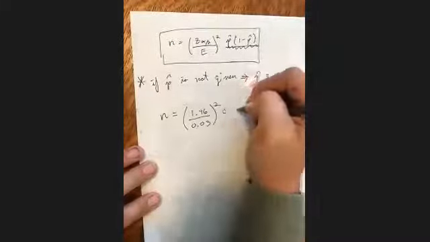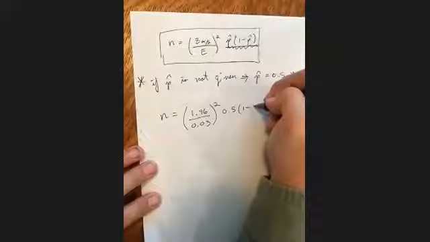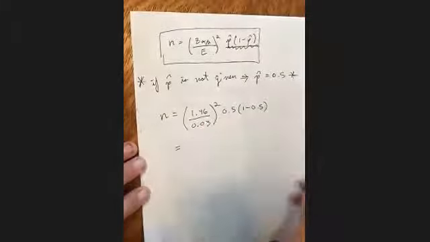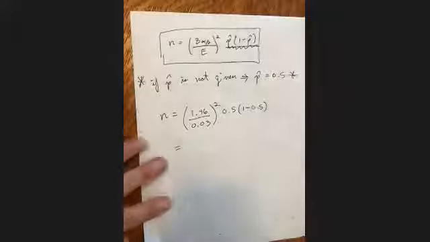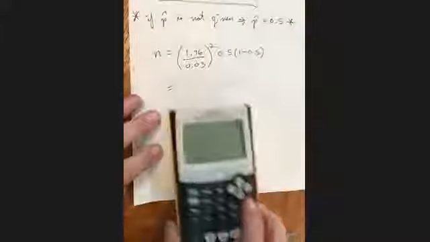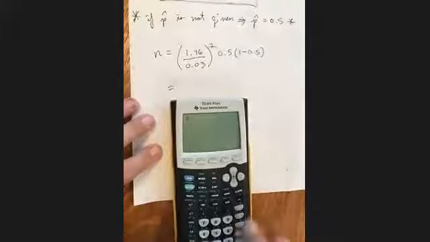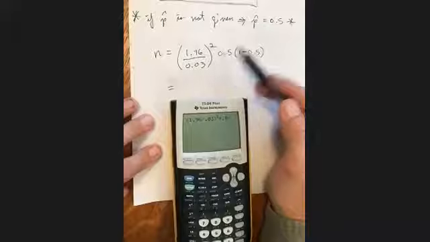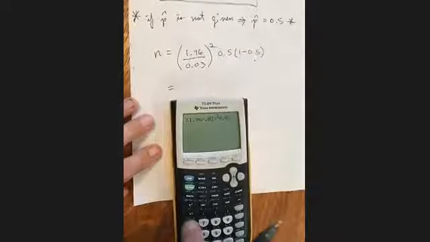Then we multiply by 0.5 times 1 minus 0.5. So put it all together: 1.96 divided by 0.03, squared, times 0.5. Notice 0.5 times 1 minus 0.5 is 0.5 times 0.5, so that's just 0.5 squared.